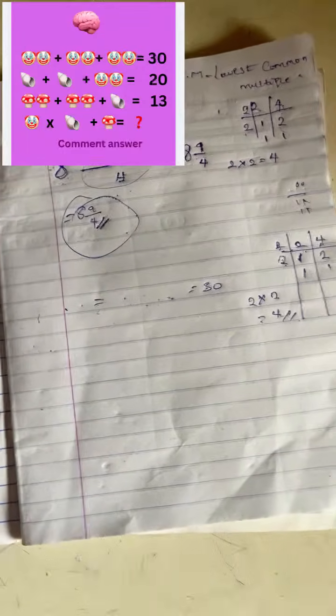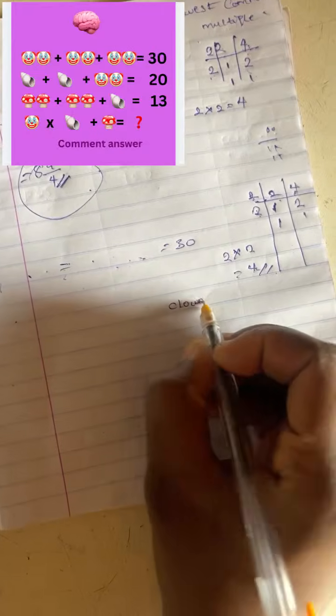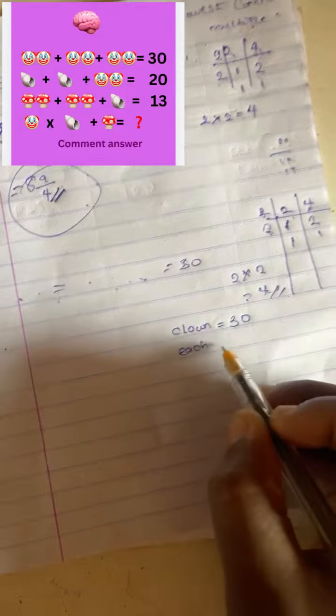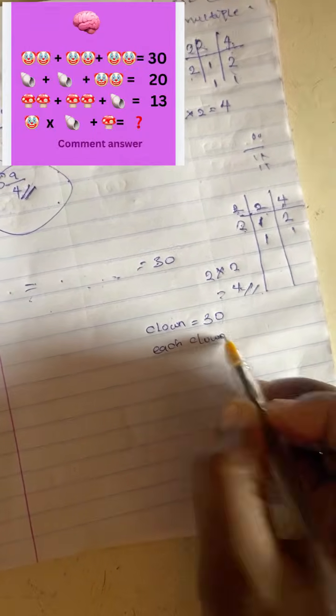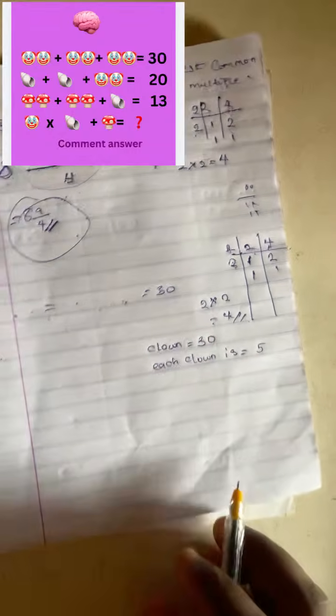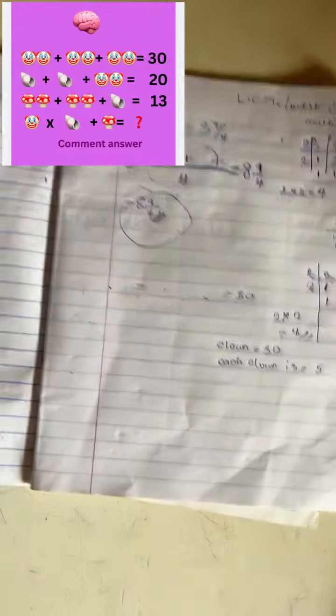So what we are going to do here is, since we've gotten clown is what? 30. Okay. So each clown is equal to 5. Yeah, each clown is equal to 5.